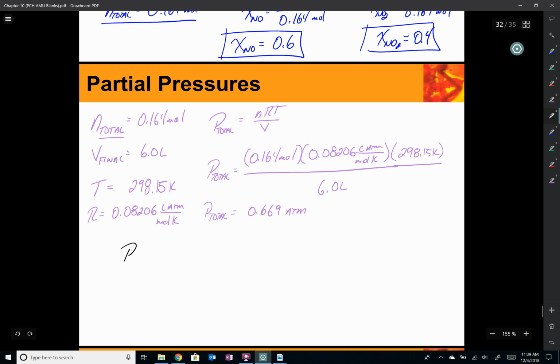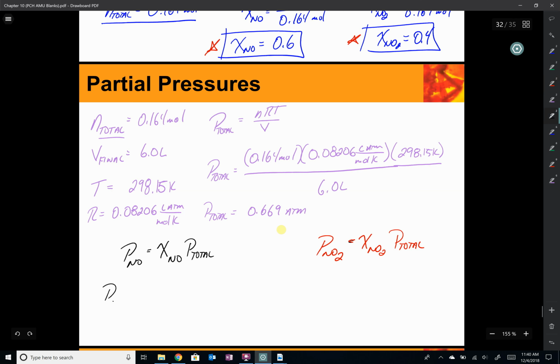Now we need to figure out the pressure of NO and the pressure of NO2. Well, remember the partial pressure of NO is equal to the mole fraction of NO times the total. And the partial pressure of NO2 is equal to the mole fraction of NO2 times P total. And hey, look up at the top, we've got our partial pressures right there.